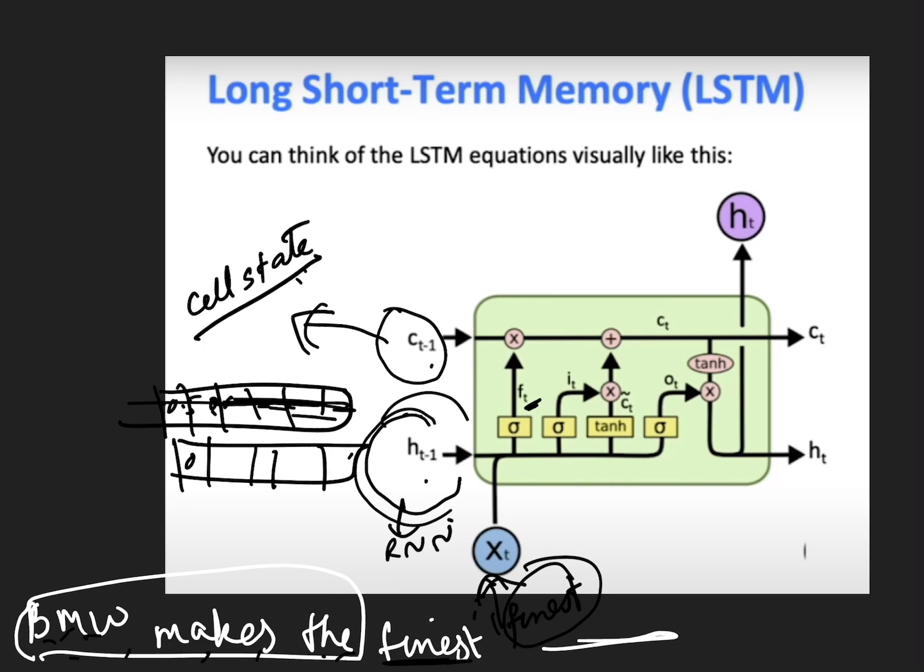My forget gate is also a vector of the same size, but it will contain values between 0 and 1. It might be 0.1, in some cases 0, in some cases 0.3 or 1. What I'm doing is multiplying these two things. I'm multiplying 0.5 by 0.1, and this other value by 0.